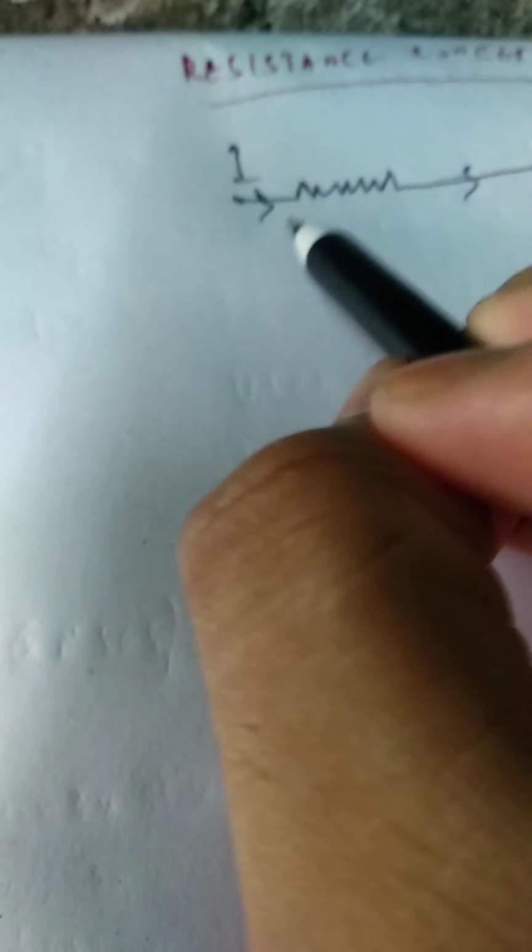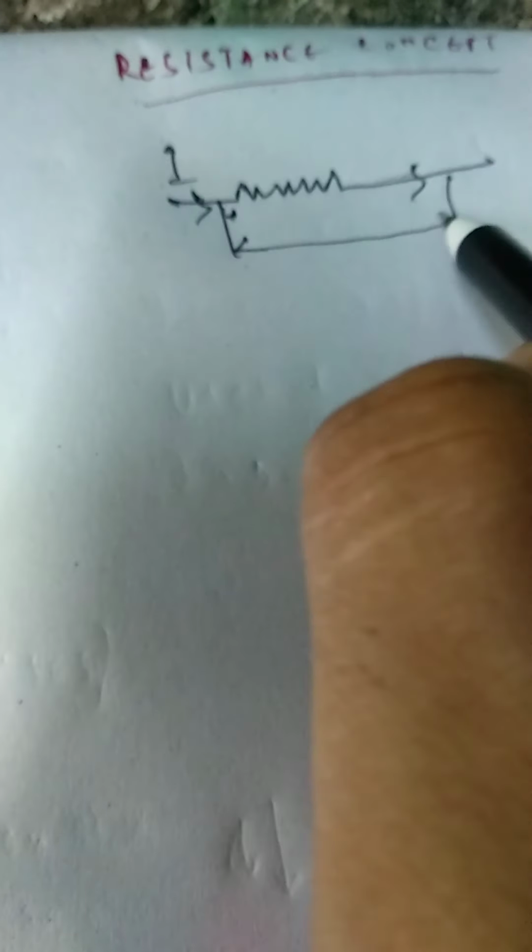Suppose current is flowing, there is potential difference E. So the current I will be E by R. So this I is directly proportional to the potential difference, the voltage, because 1 by R is constant.